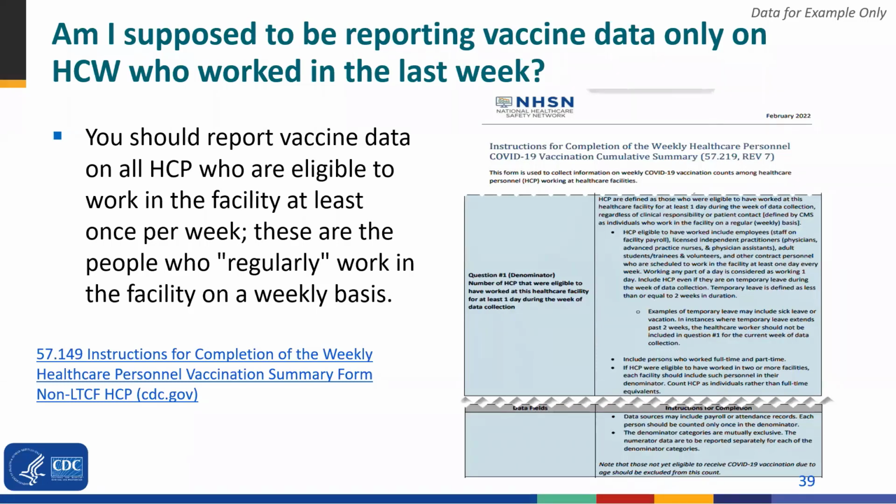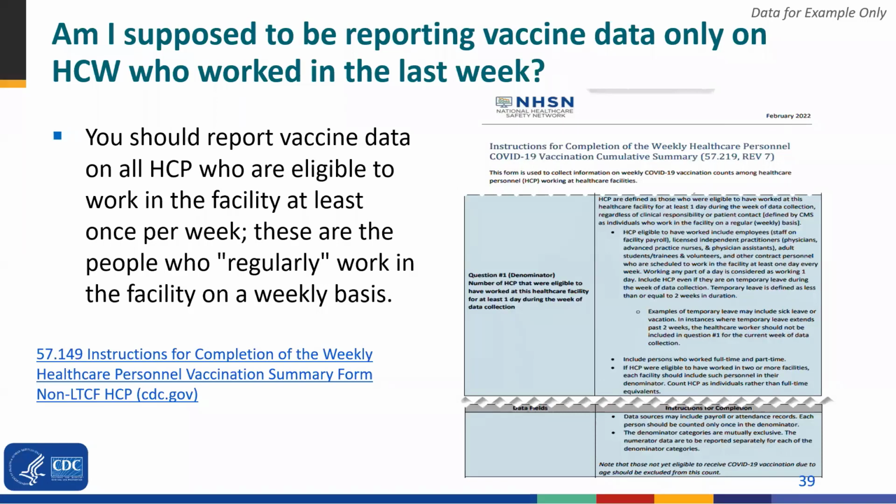So you should refer to our table of instructions for questions about who should be included in your person level data. But in general, you should only include data on individuals who are eligible to work in the facility at least once per week. And these are the people who regularly work in the facility on a weekly basis.